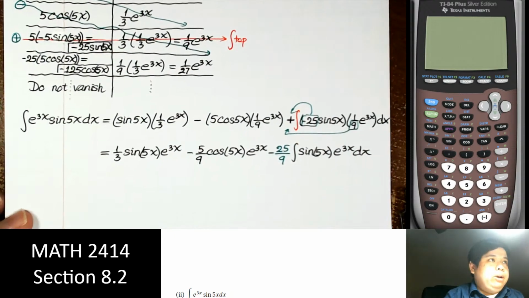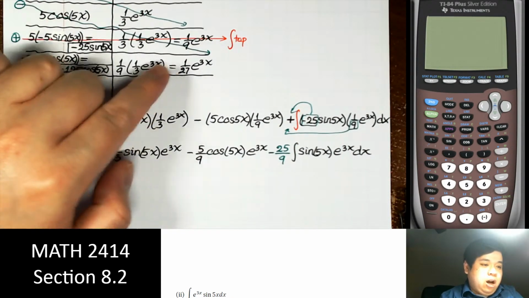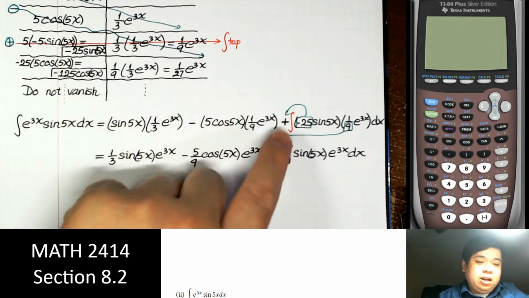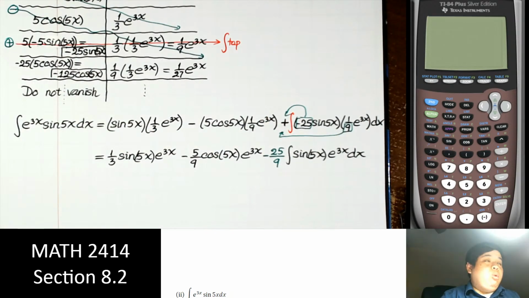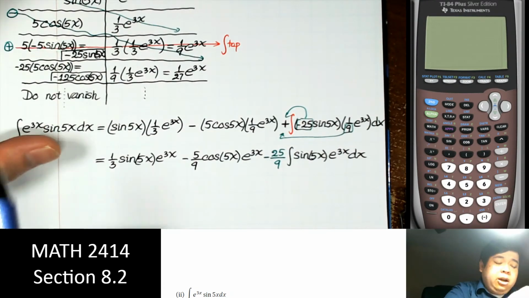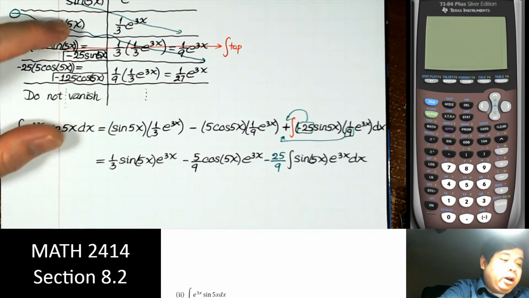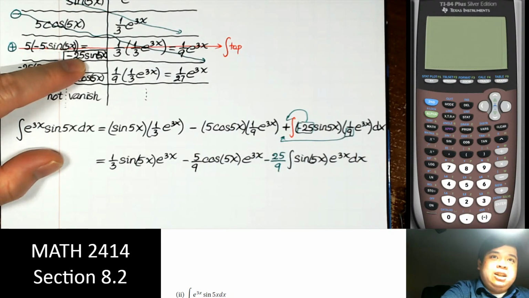Right. So we do this 2 times, and then we stop. When we stop, there's an integral. And then the question is, why do we stop after 2 steps? Okay, here's why. On the big scheme of things, when we look at this sine, cosine, we get back to sine, right?